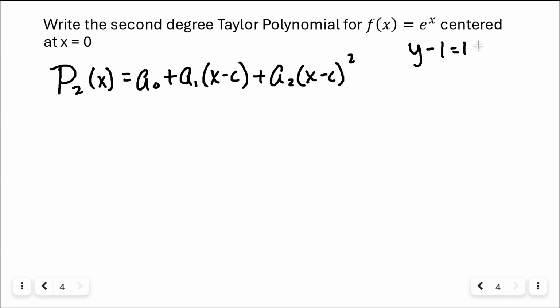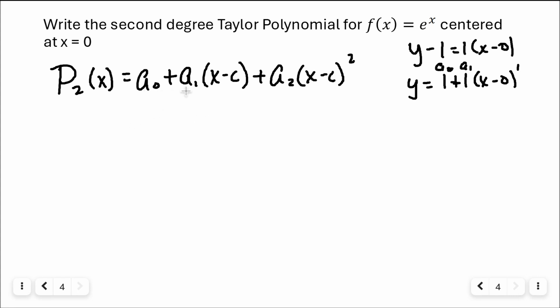Let's put it back up here so you can see. If I add the 1 on both sides, I would have y equals 1 plus 1 times x minus 0. So here would be your a0, here would be your a1, and this would be linear, or degree 1, because there's really only a first power up there, and that's as high as we go.